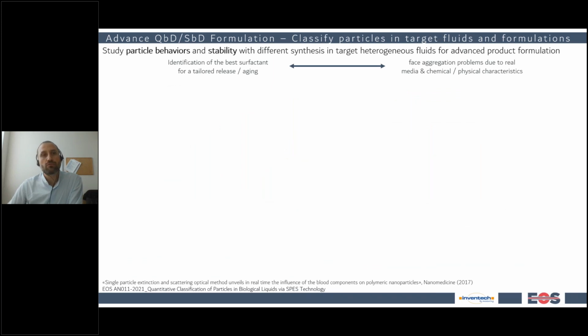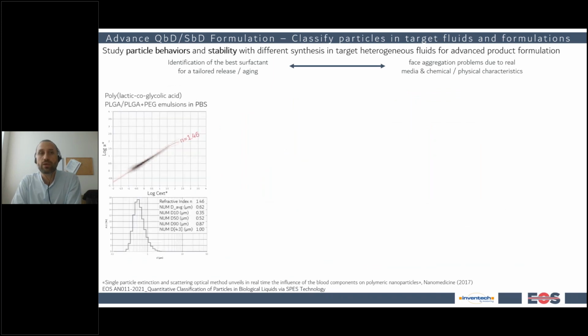Another example for biotech application is the following one. You are formulating an emulsion of PLGA. You want to check which is the best one to have a given release in time. And you want to monitor this not in a simple liquid which mimics a biological liquid, but in a real biological liquid, for example, human serum.